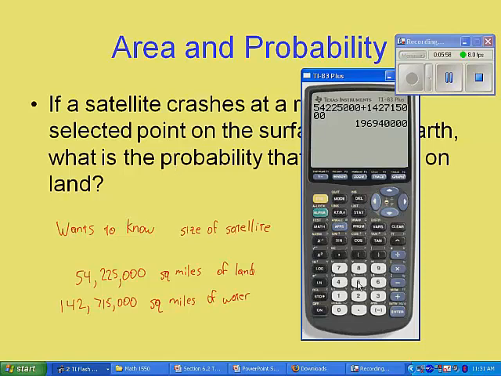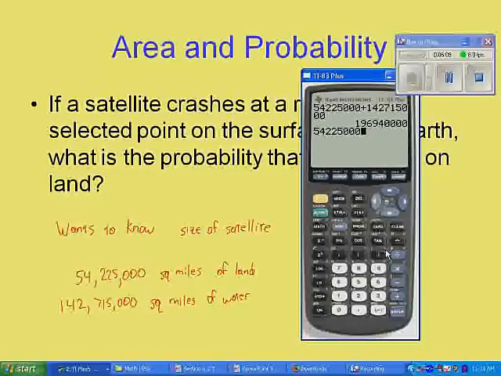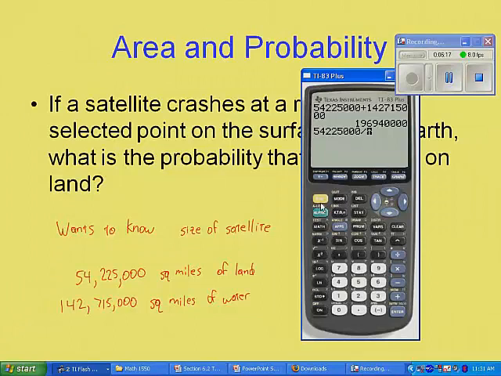Okay, so I take 54,225,000. That's the square miles of land that there are. And you want me to divide by what? The thing we just had. Now, I can get that answer very quickly by hitting the second key and the negative sign. It says ANS. And that'll just divide by the answer. Okay, so I'm going to do that.